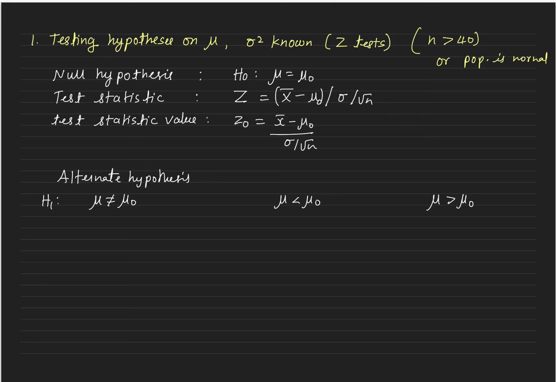We know that we have two different tests for alternate hypothesis. If this is not equal to mu naught, we use two-tailed test, otherwise we use one-tailed test. This is a two-tailed test. This is one-tailed, and one-tailed for this case as well.